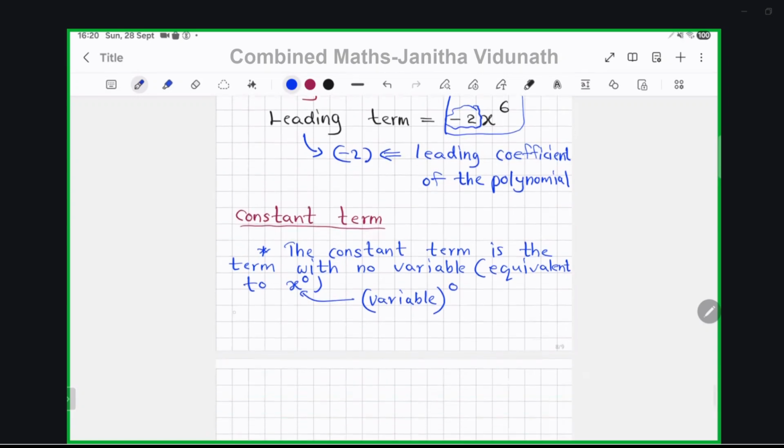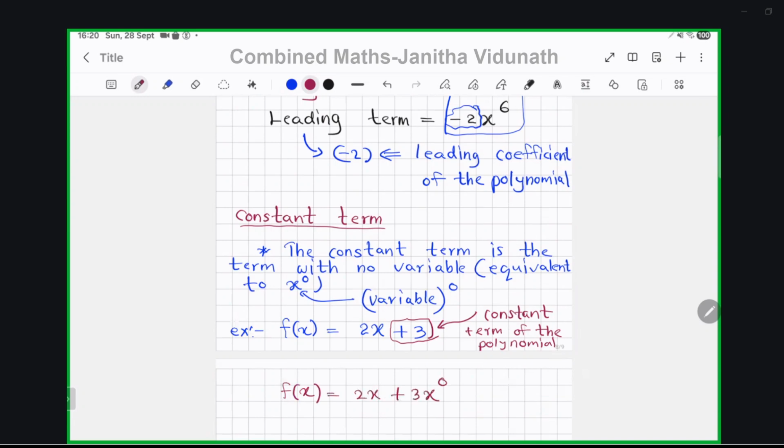Okay. Let me give an example. Think we have f(x) equal to 2x plus 3. Then what is the term without the variable? This is the term without the variable. Then we call this term the constant term of the polynomial. Simply we can say this is equal to 2x plus 3x to the power 0.